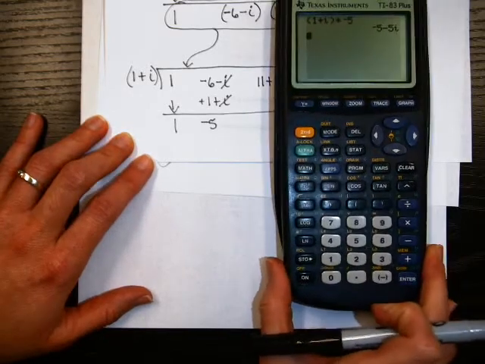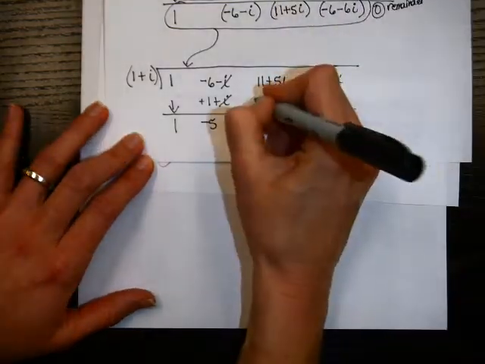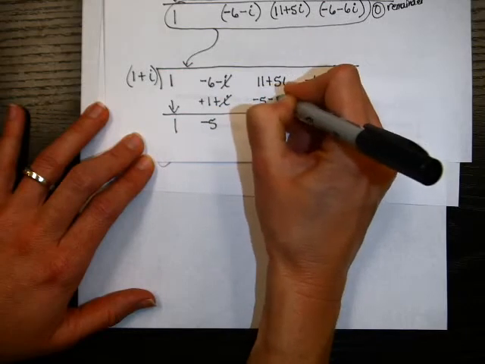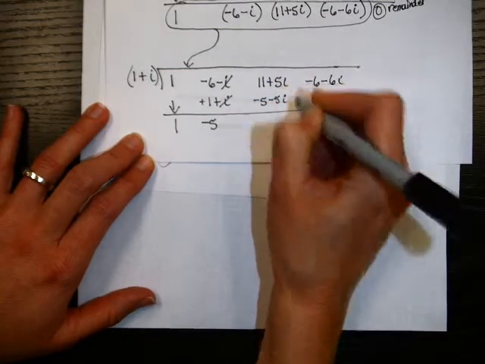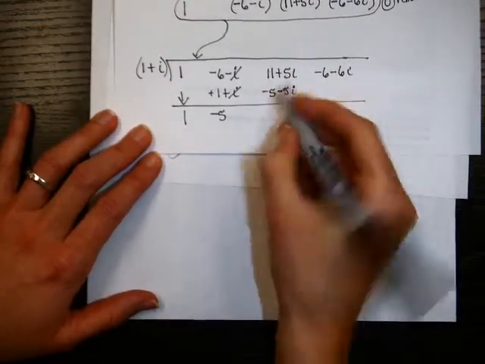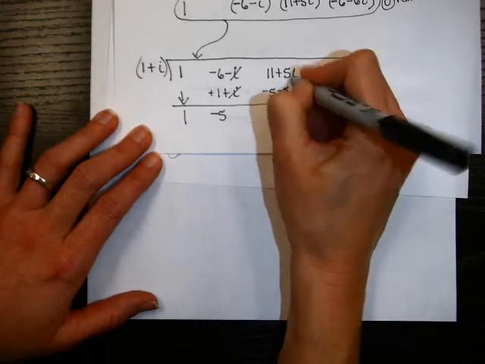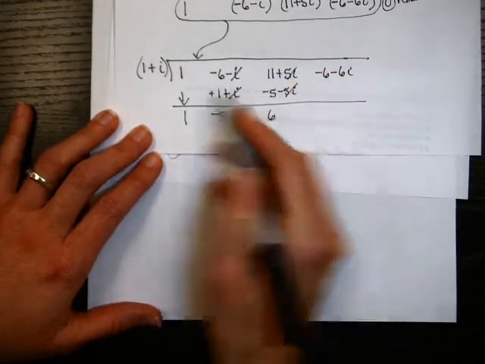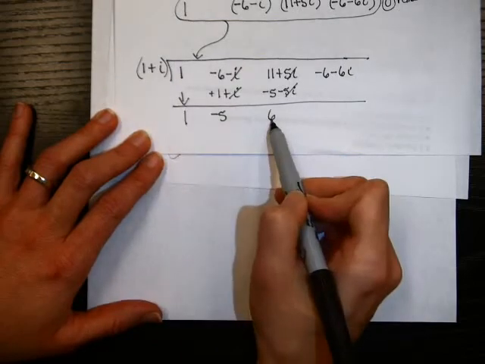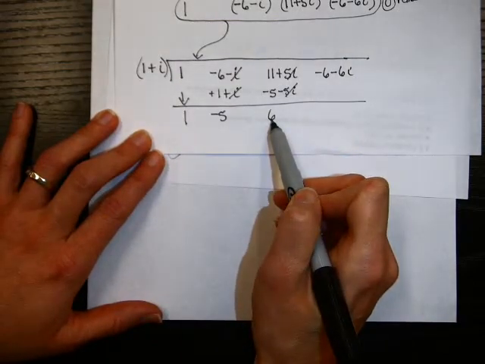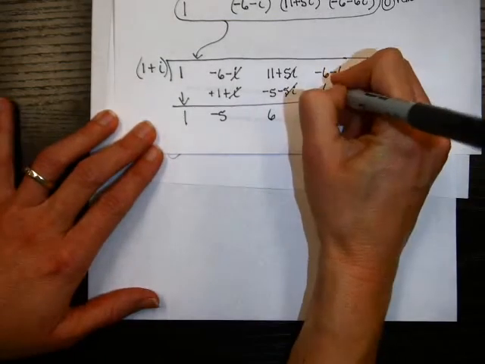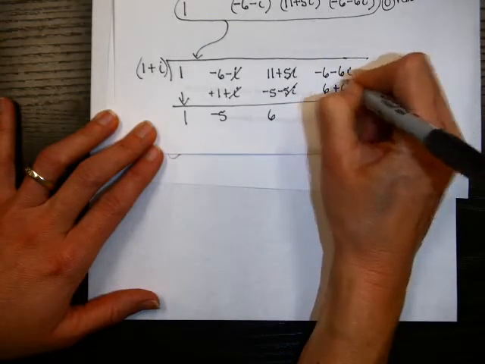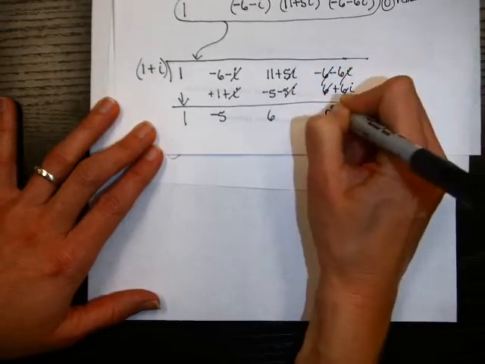And that gives me negative 5 minus 5i that goes here. Or again, you can just use your distributive property. 11 minus 5 gives me 6. 5i minus 5i is 0. 1 plus i times positive 6, if I use calculator or the distributive property, I would get 6 plus 6i, which works out because I get a remainder of 0.